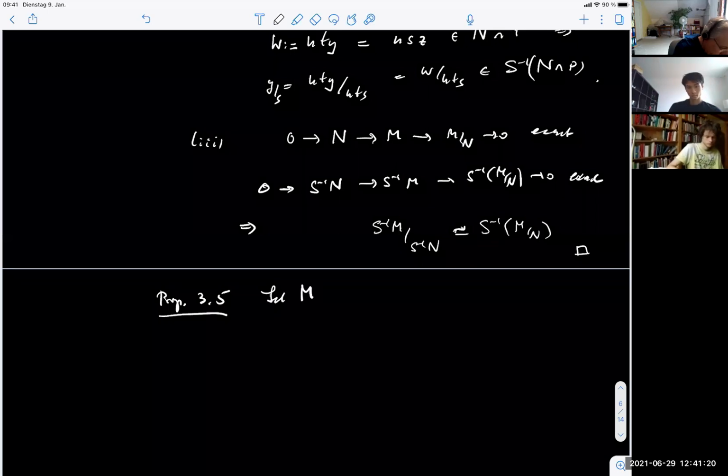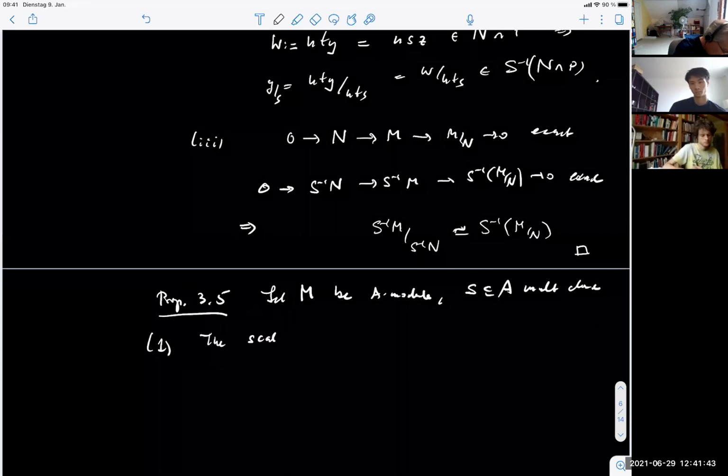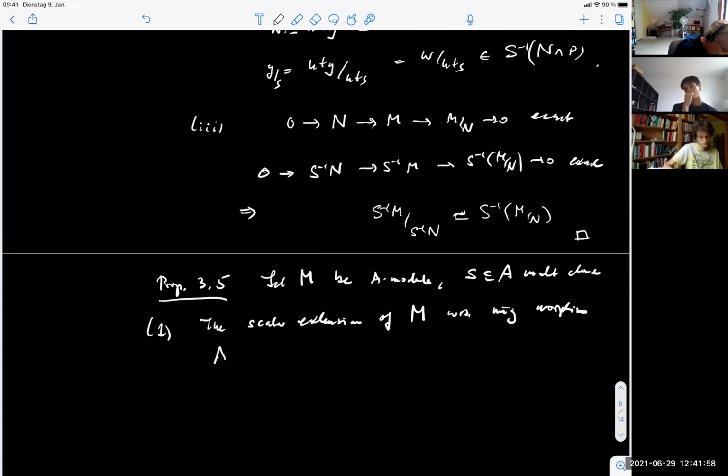So let M be a module and S a multiplicatively closed set. Two statements. One, the scalar extension. I had the notion of the scalar extension, if you remember, of M, an A-module, with respect to the ring morphism coming from the localization of the ring.